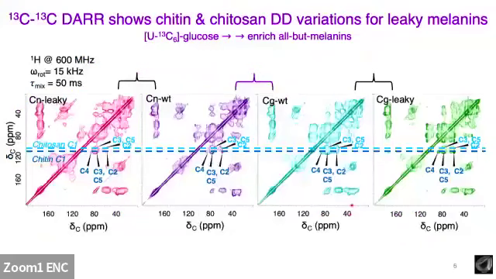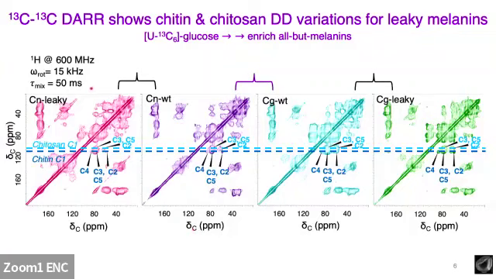And that is, we can do the corresponding 2D DARR spectra of these materials and try to ask, how do the 2 strains, the Cryptococcus neoformans and the gattii, how do they differ from one another? And how does any wild type differ from the leaky melanin example?